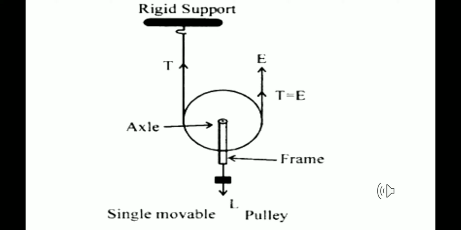So the load which is hanging there is creating a tension T in the string towards the rigid support side and tension T towards the effort side.